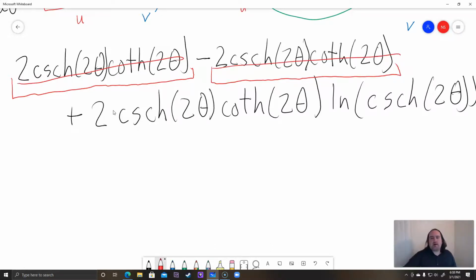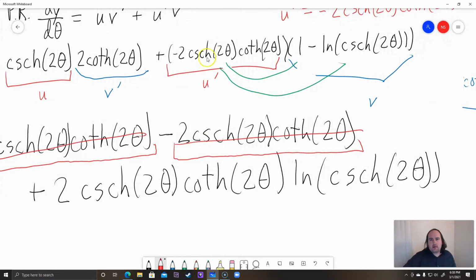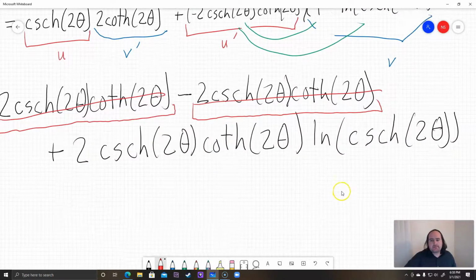All we're really left with is 2 cosec of 2 theta coth of 2 theta times ln of cosec of 2 theta.